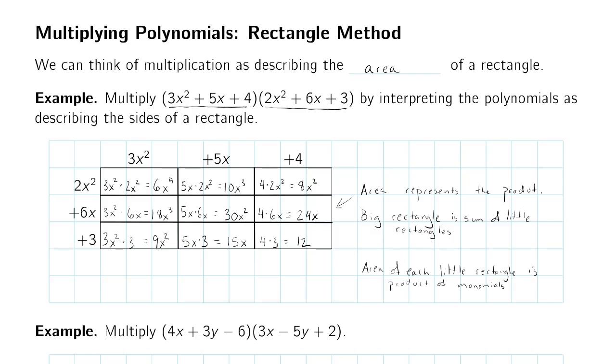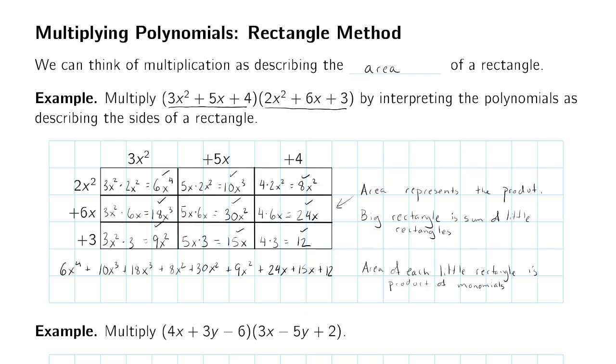So we'll have 6x to the 4th plus 10x to the 3rd plus 18x to the 3rd plus 8x squared plus 30x squared plus 9x squared plus 24x plus 15x plus 12.